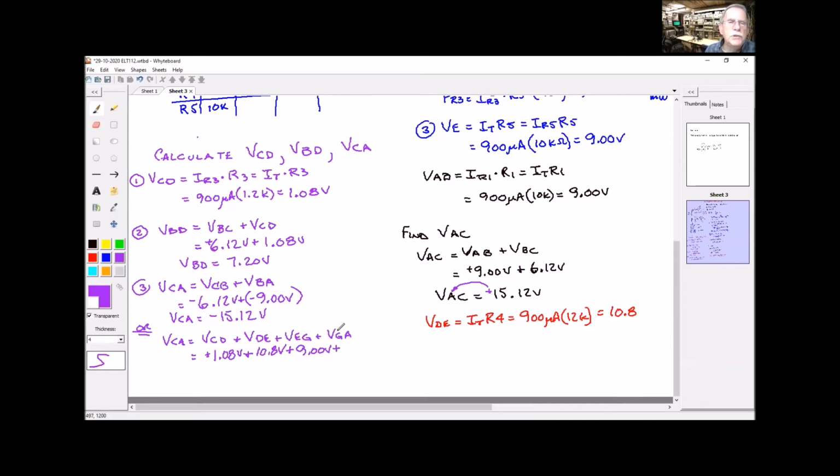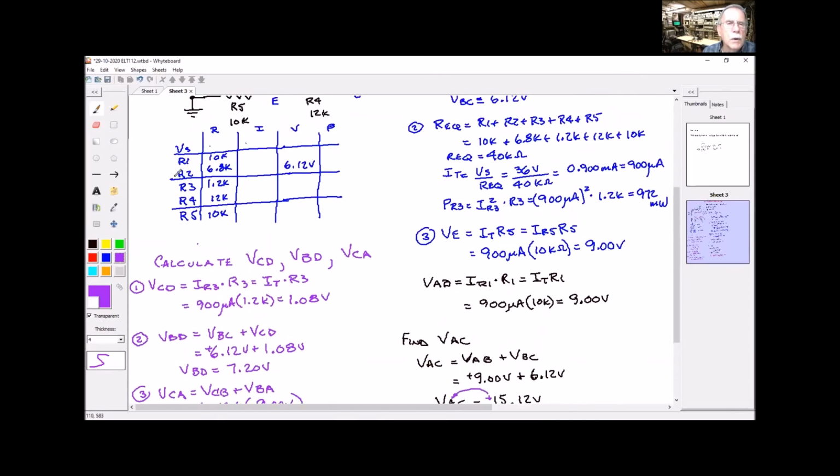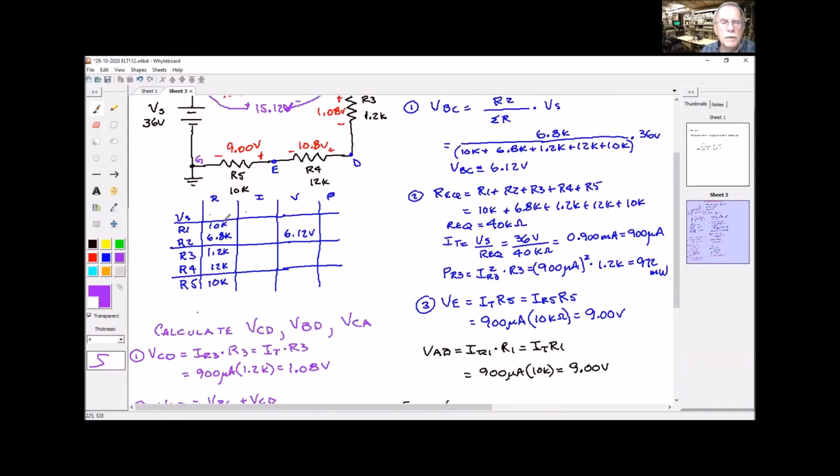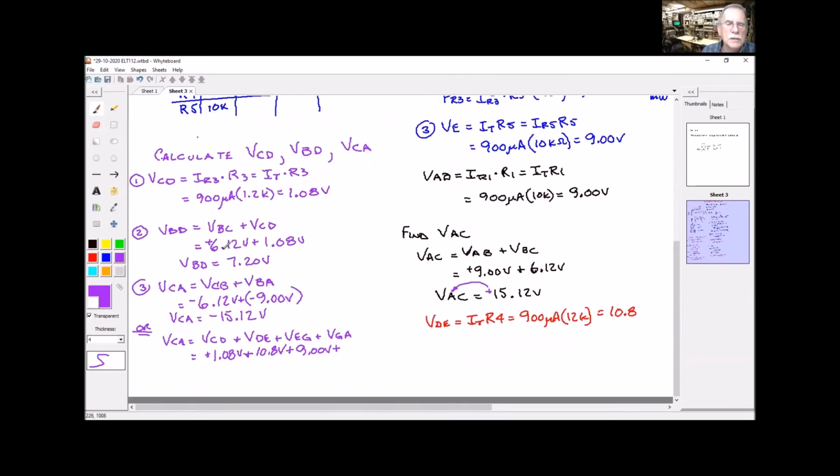And then we have VGA. If I go from G to A, which end of the voltage do I hit first, the positive or the negative? Negative. Remember, the long line is the positive, the short line is the negative. So if I go from G to A, I hit the negative side first. So that means this is going to be plus a negative 36 volts.